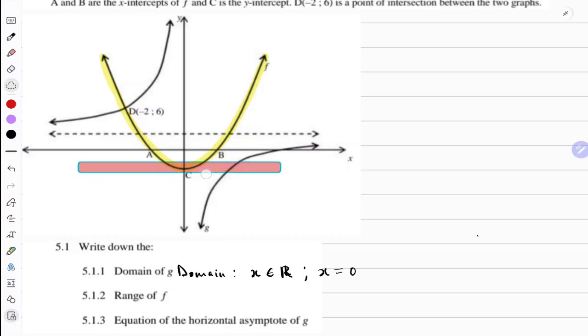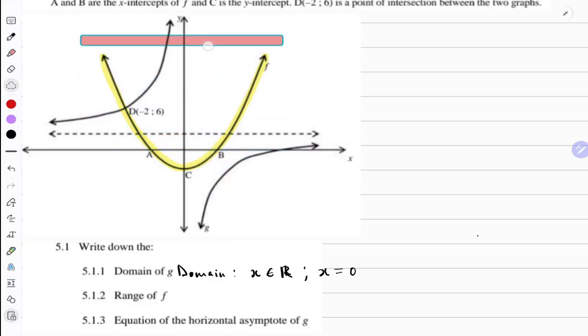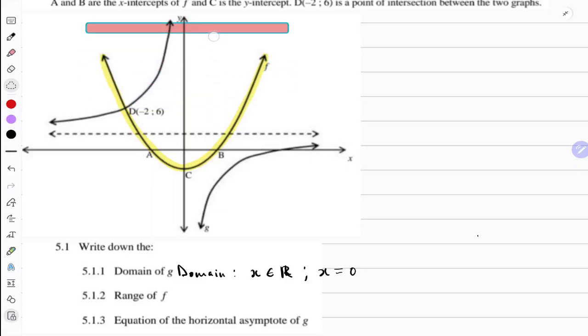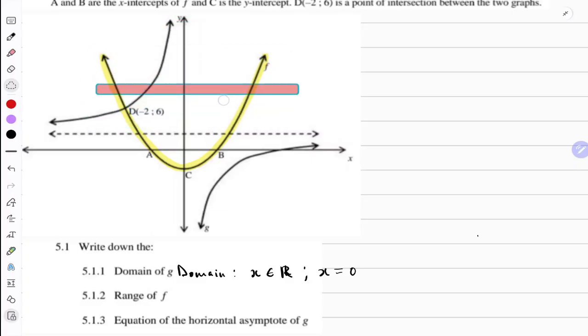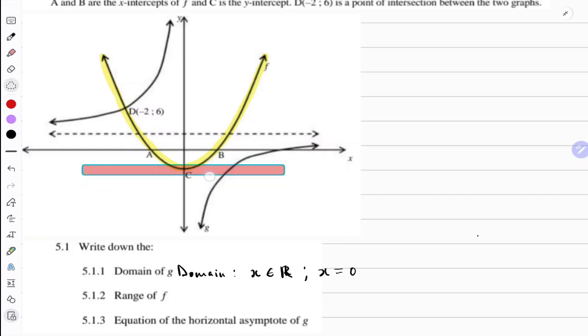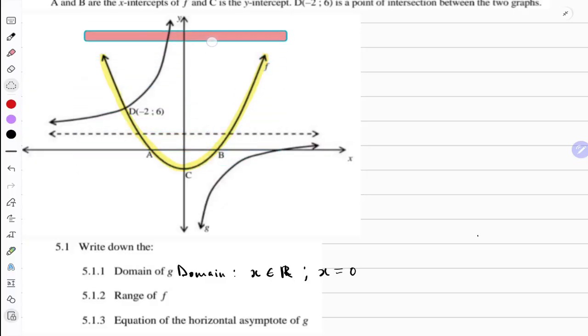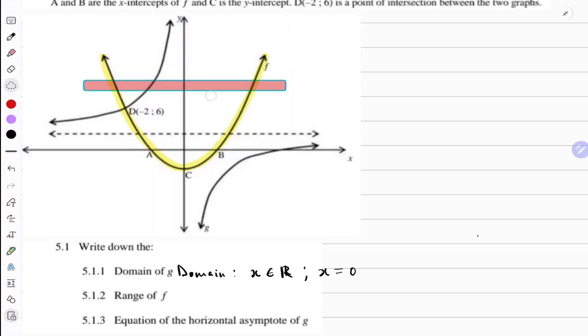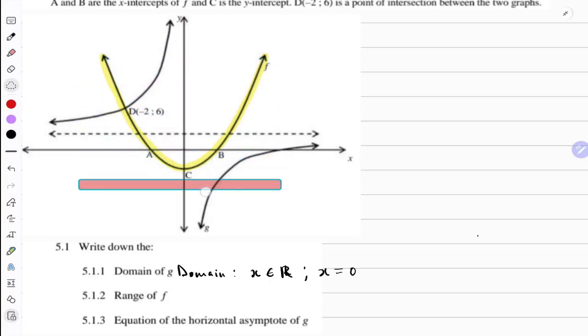So it starts existing at c, and then it continues to exist moving upwards towards positive infinity. So the range is such that it's all the y values from the minimum point going up to positive infinity.